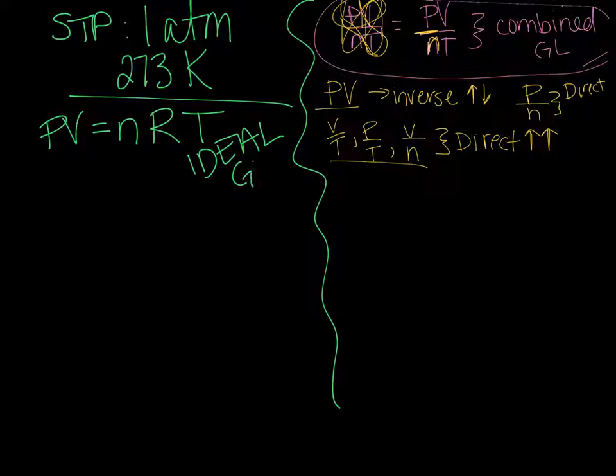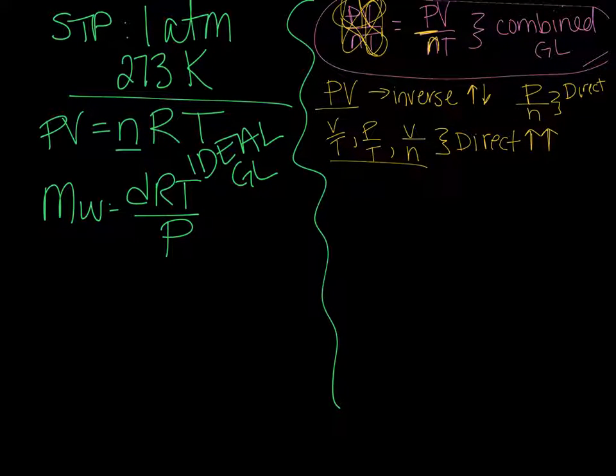Remember, when you are solving for a variable such as n, you leave it alone and move the other ones over. We also had MW equal to DRT over P, right?